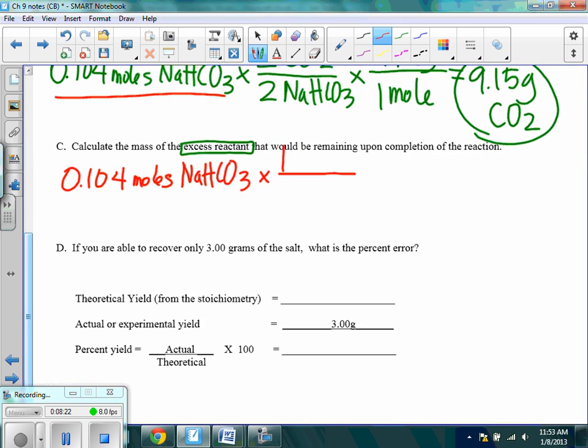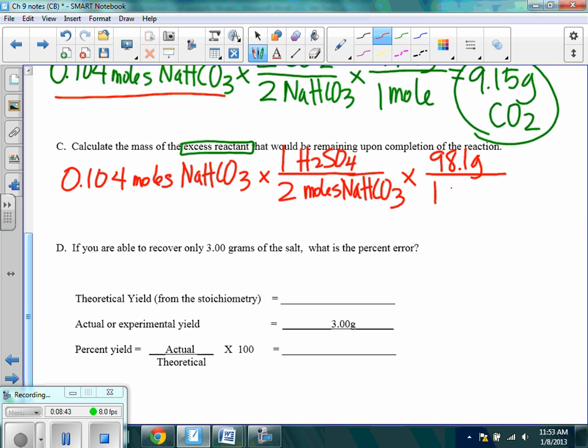So 1 mole of my excess reactant, which is H2SO4, to 2 moles of my sodium hydrogen carbonate, and I multiply by the molar mass of H2SO4, which is 98.1 grams in 1 mole. So this is saying I have 5.10 grams of H2SO4.